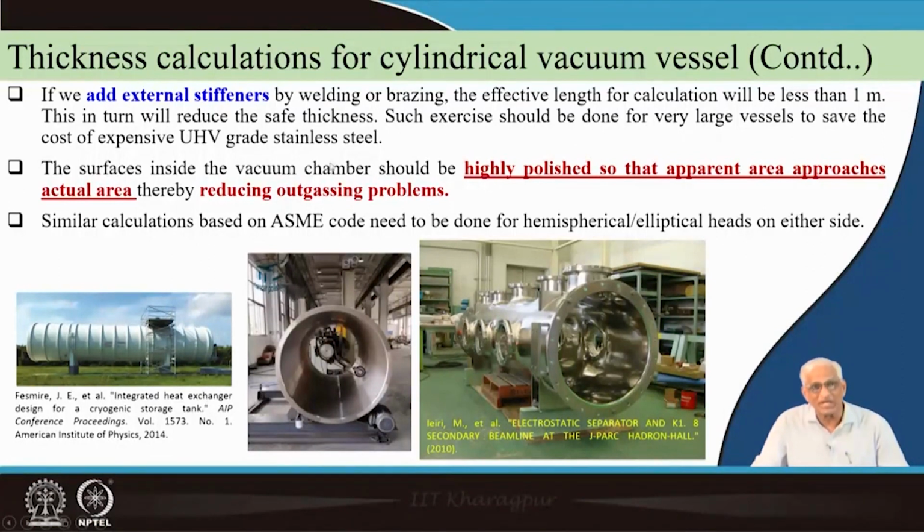Then you will have to also take care, once thicknesses are finalized, very good polishing practices you should have, so that inner surface is properly polished, so that surface area approaches the apparent surface area, approaches the actual area. So, the degassing area, outgassing area will be less, it will be less load on the chamber. This we will see when we discuss outgassing issues, etc. They are not only for chamber, even for manipulators, everywhere, because degassing is a big issue, outgassing.